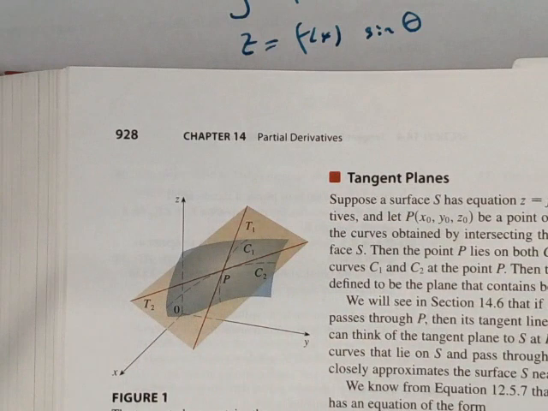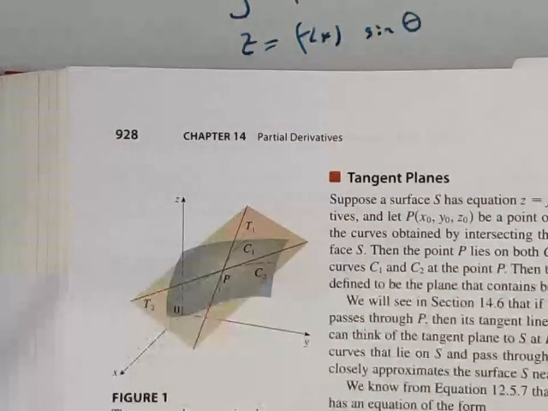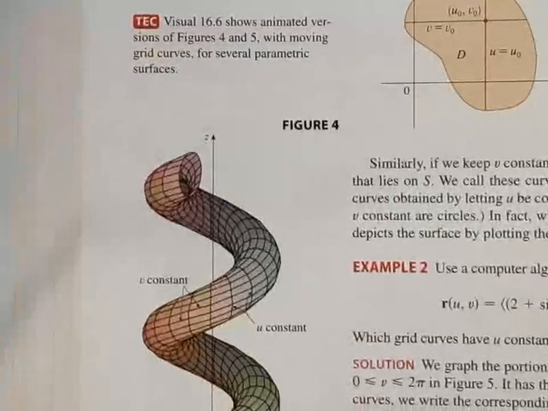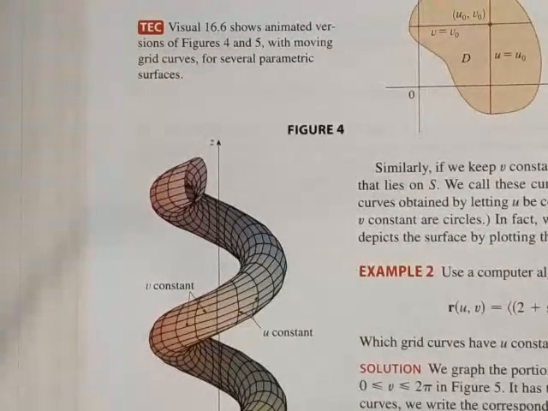I don't have a grid in x and y anymore on my surface. What grid do I have? There's my grid.